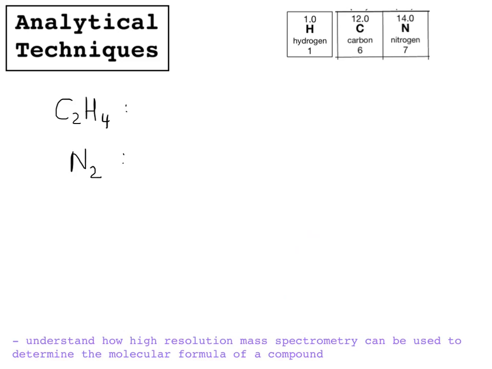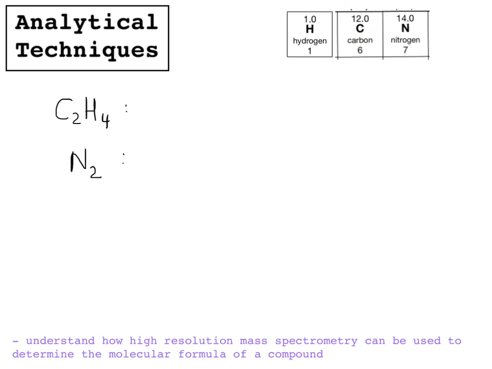Now for both of these molecules here, C2H4, ethene, and nitrogen, N2, we can work out what that highest peak will be. With normal mass spectrometry that we've learned about in Chem 1, C2H4 would be, if we look at the atomic masses up here, 2 times 12 plus 4 times 1, which equals 28.